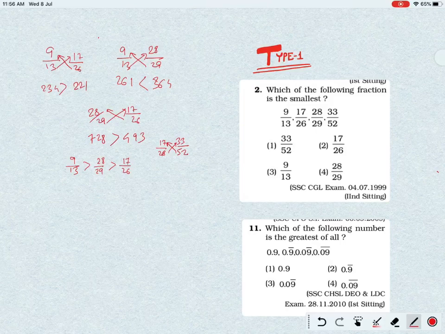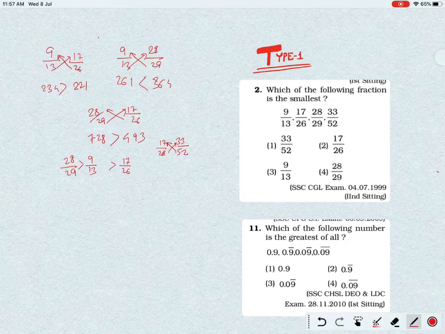Sorry, 28 by 29. 28 by 29 is bigger, largest. Then comes 9 by 13. Then comes this. Now we compare 17 by 26 and 33 by 52.